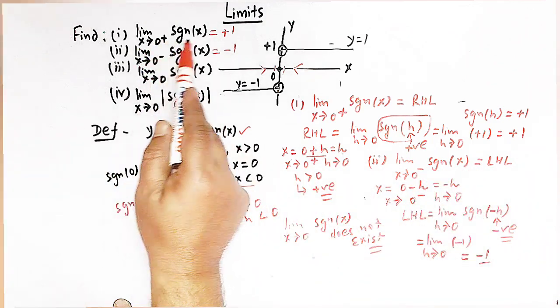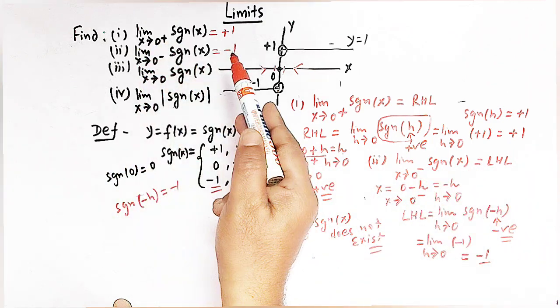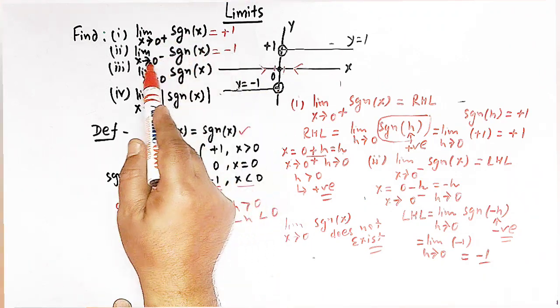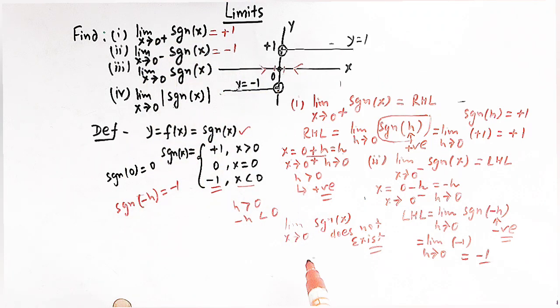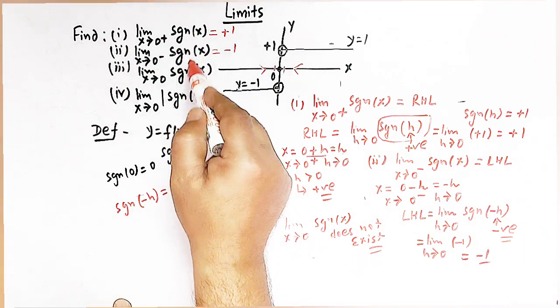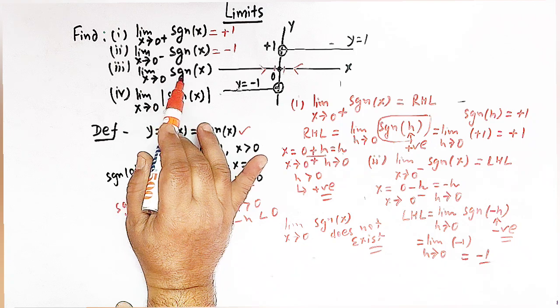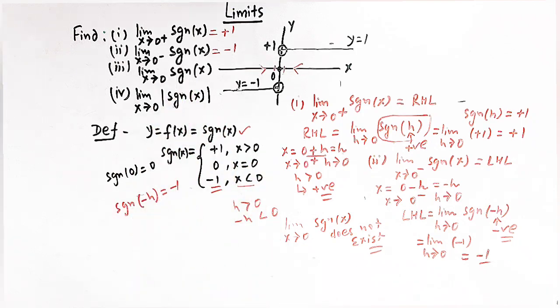Although the right hand limit and the left hand limit exist and they are finite, the right hand limit is plus 1 and the left hand limit is minus 1, but the two limits do not converge to a common point, right? So this limit, that is limit x tends to 0 signum of x, does not exist.